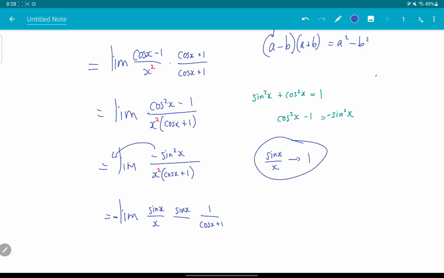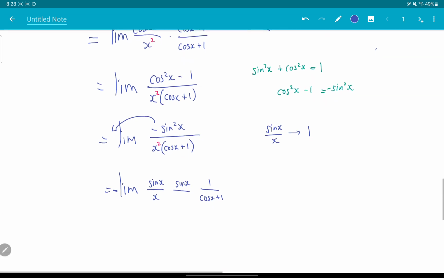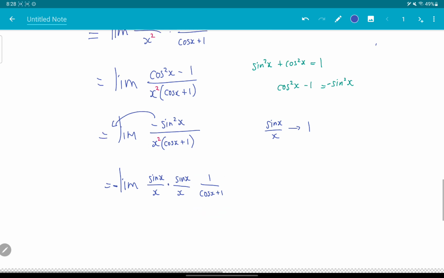Now where was I? I have this expression, which I'm going to try to break up in order to make use of this limit. So it works out quite nicely. You get a minus coming out front, and then you're going to have sine x over x appearing twice. And then the last thing left over is this 1 over cos x plus 1.